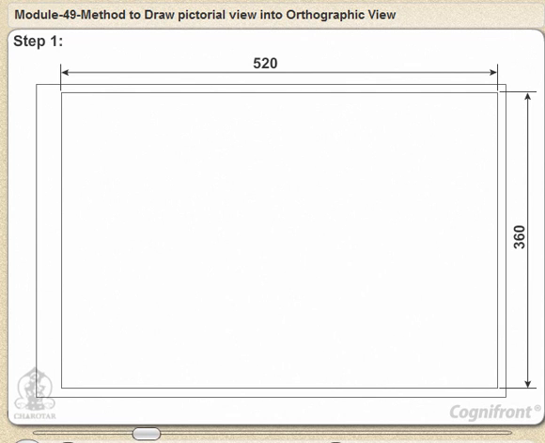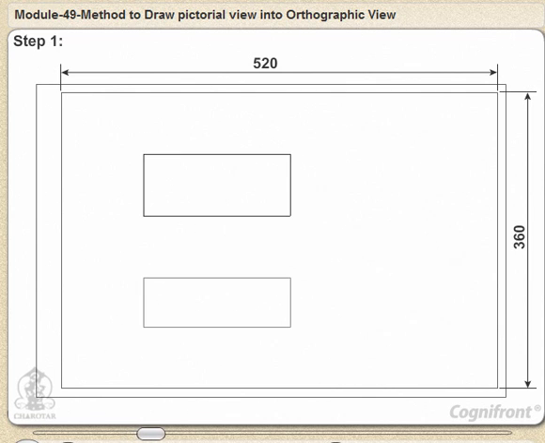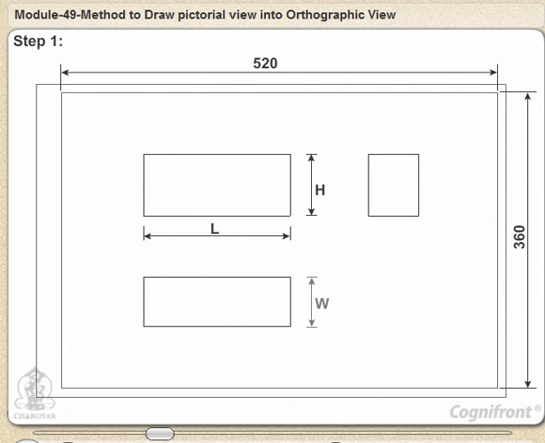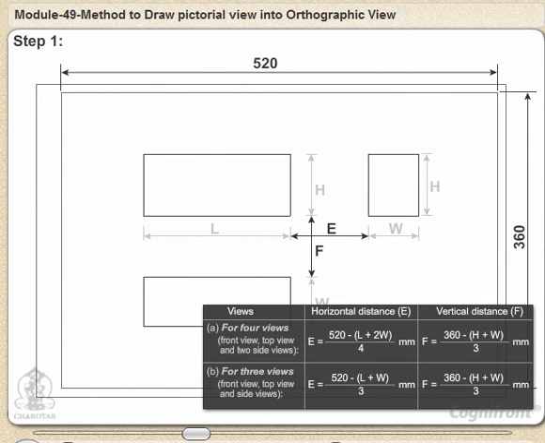The scale of drawing is decided from the size of object and number of views required to draw. Let L, W and H be the length, width and height of the object respectively. The spacing between two views can be calculated as shown in the table.